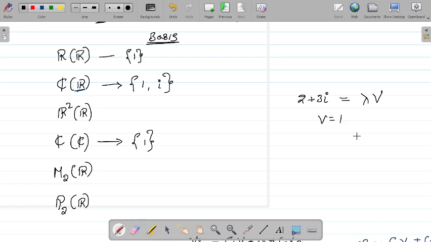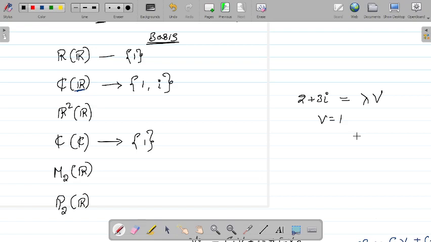Complex over R, sir. Can we take 1, comma minus i? Okay, so here your question is, can I take 1 comma minus i? Yes, you can take. Why? Because let's say I would like to get 2 plus 3i. I should write it as lambda 1 times v1 plus lambda 2 times v2.